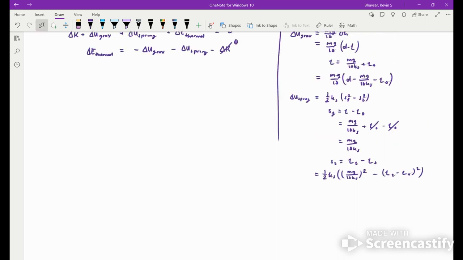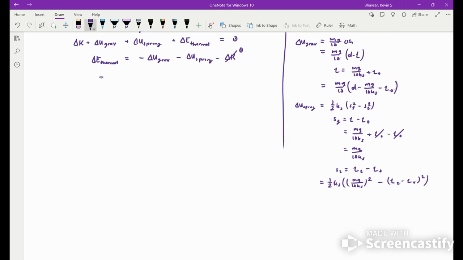We can bring these two, the gravitational and spring potential energy, into our equation. E thermal is equal to negative mg over 10 times d minus mg over 10 ks minus L naught, minus 1/2 ks times mg over 10 ks squared minus L sub i minus L sub naught squared. Okay.